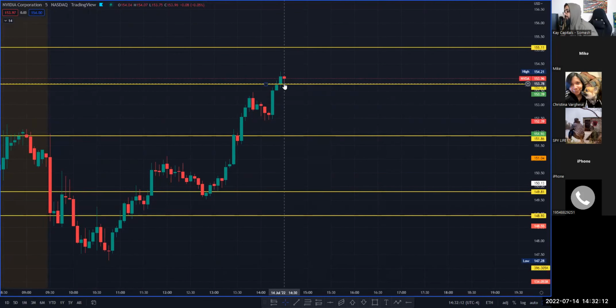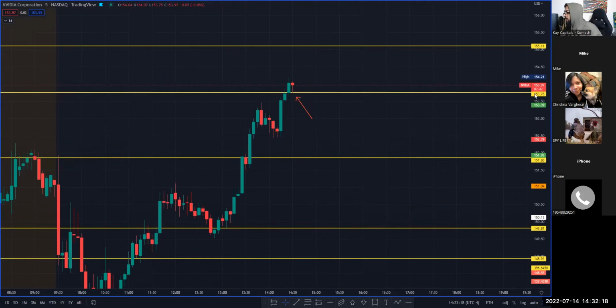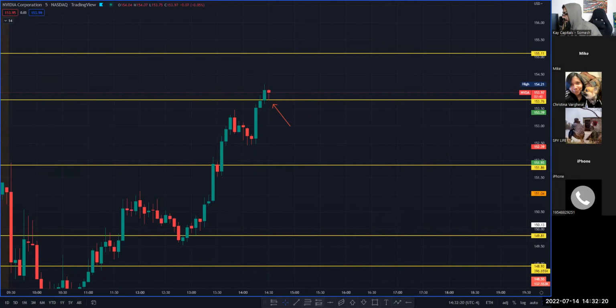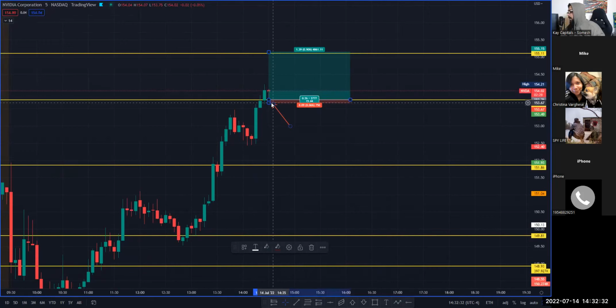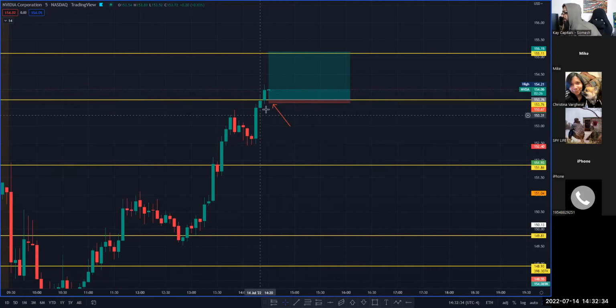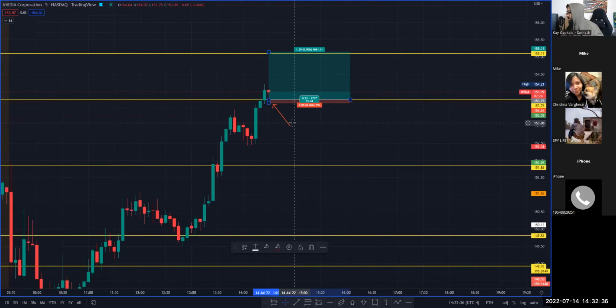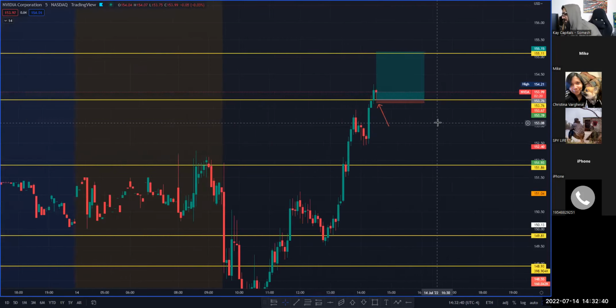So if you have to jump on, I can jump in a long position right here with a profit target there, stop loss right below. You're risking pretty much 10, 20 cents to make $1.50. This can be one trade. This is a trade idea.